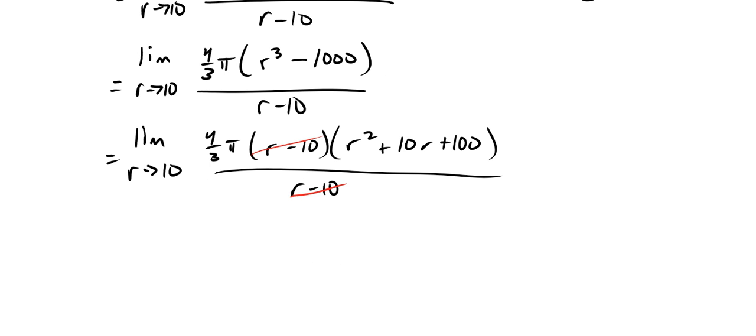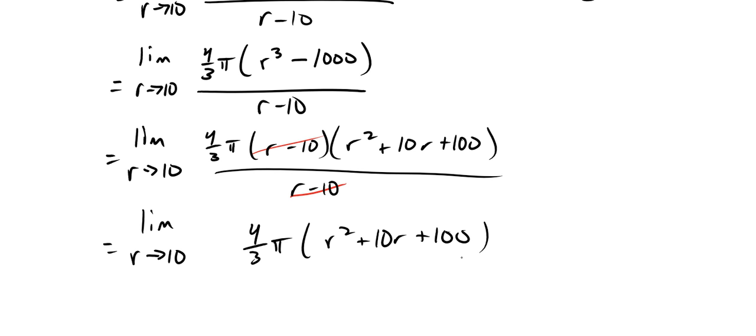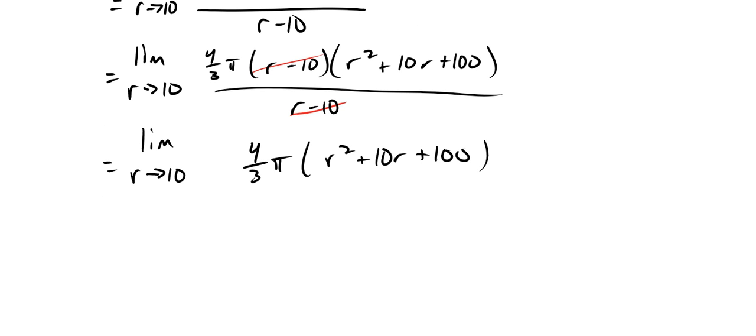And there we go. Those divide to 1, which is what we were looking for. So now I've got 4 over 3 pi times r squared plus 10r plus 100. Any questions? Let me just sub in. 10 times 10 plus 100.